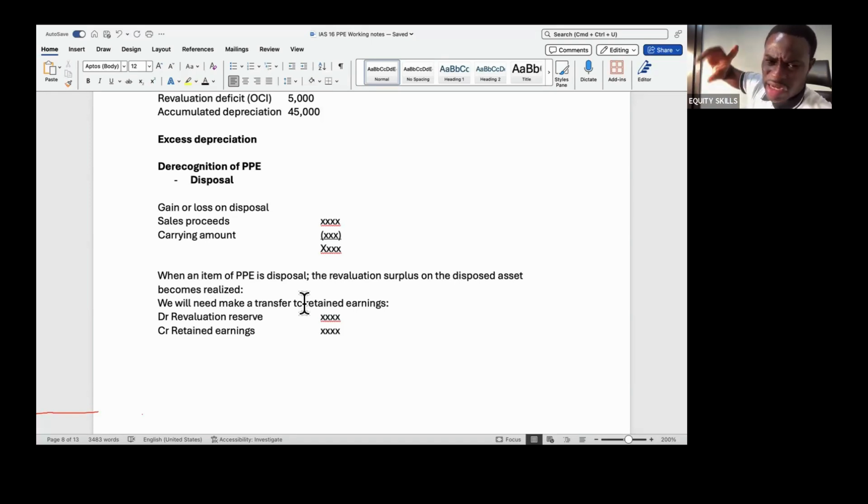Maybe we have done this revaluation many years ago, or probably we have been doing it year in, year out, so it has been fluctuating. So how are we choosing the year that we sold to recognize that reserve as earnings?